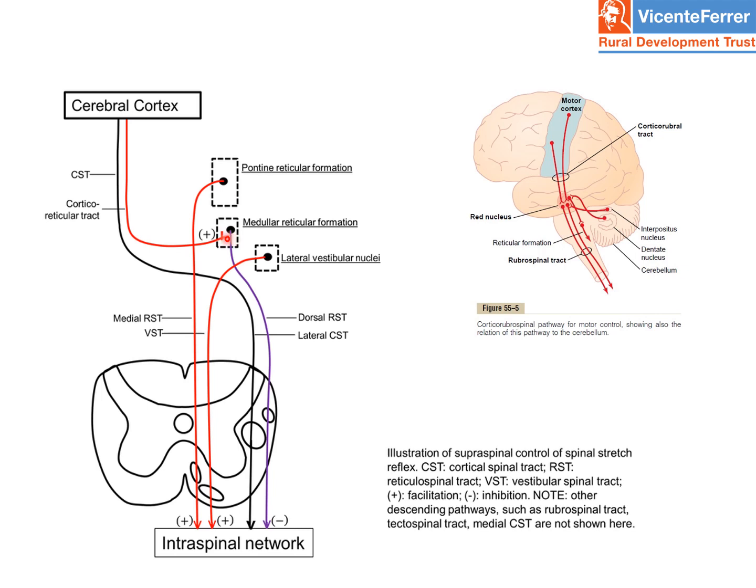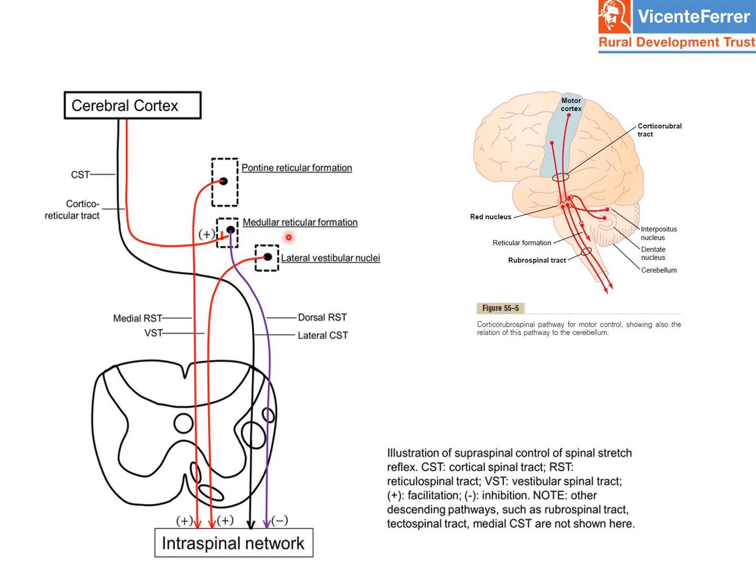the dorsal reticulospinal tract, won't have its own intrinsic activity, so it will be stimulated by the contralateral corticoreticular tracts. Once it is activated by the corticoreticular tract, this dorsal reticulospinal tract will inhibit the gamma motor neurons.